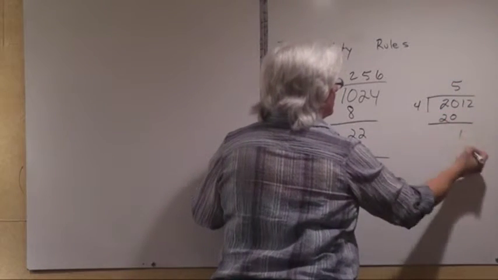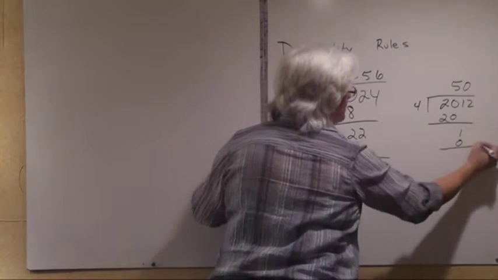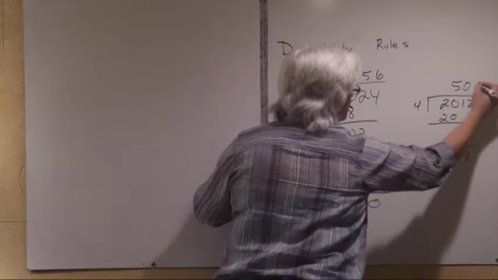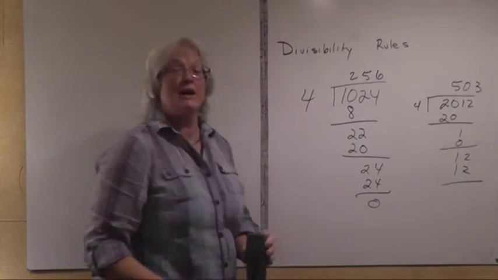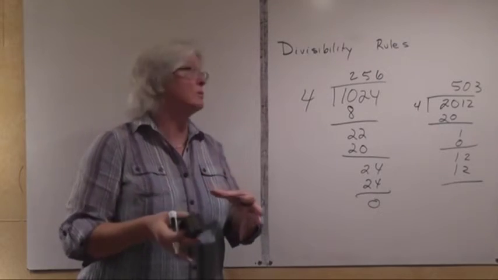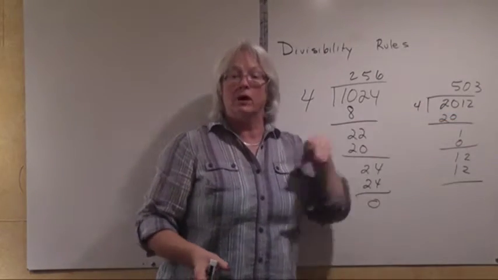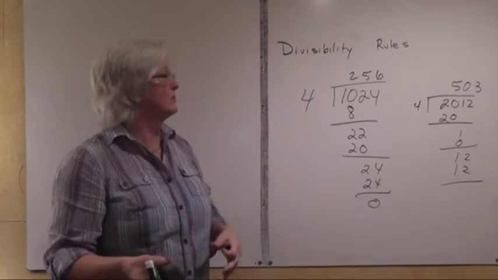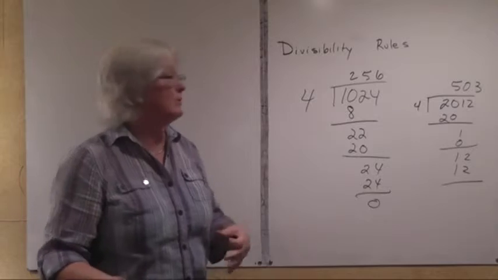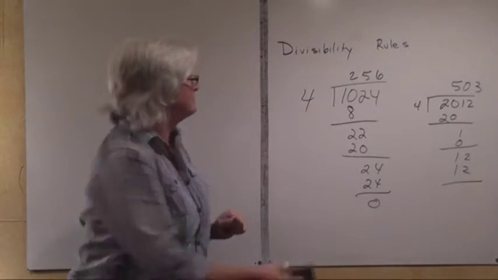Bring down the 1. You cannot count any 4s out of 1. 0 times 4 is 0. Subtract and bring down the 2. And we see that yes, in fact, 2012 was a leap year because it is divisible by 4. And that's just a meaningless factoid if you want to calculate if a year is a leap year or not. If it's divisible by 4, it's a leap year.